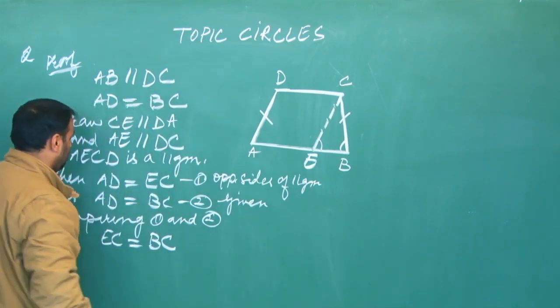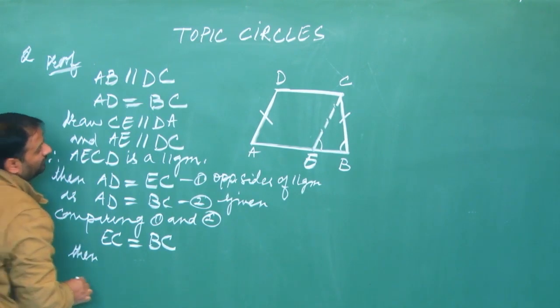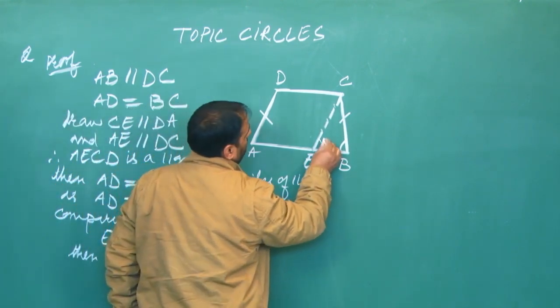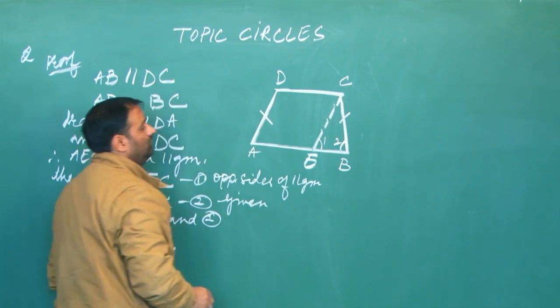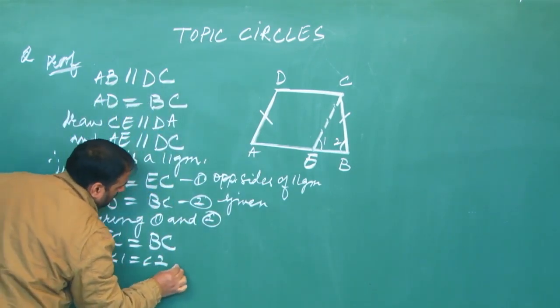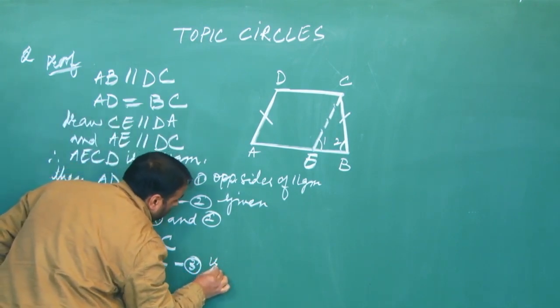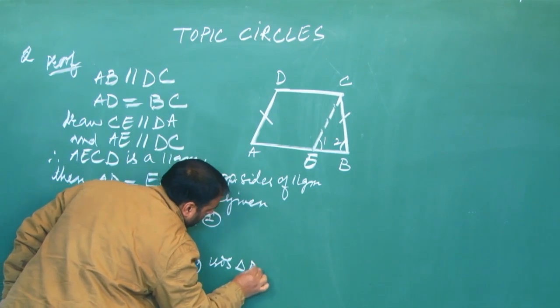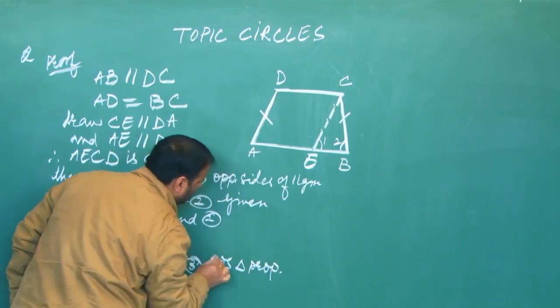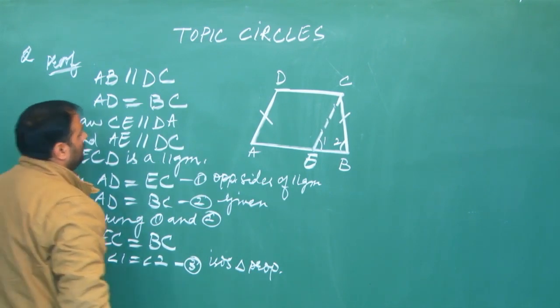We can say therefore angle BEC is equal to angle CBE. You can put numerical there, or you can say angle 1 is equal to angle 2. Keep it as equation 3 and write isosceles triangle property. Equal sides of the triangle have equal angles opposite to them.